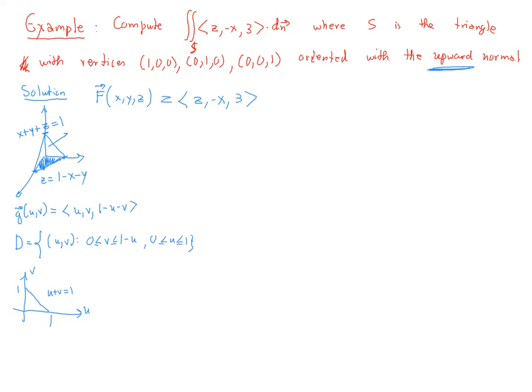And now let's find the normal vector. So the normal vector is going to be g sub u cross g sub v. And this is going to be 1, 0, negative 1 cross 0, 1, negative 1, which is the determinant with i, j, k, 1, 0, negative 1, 0, 1, negative 1.